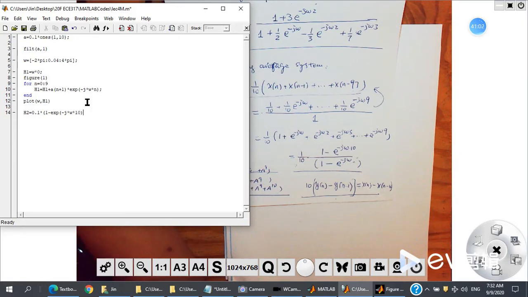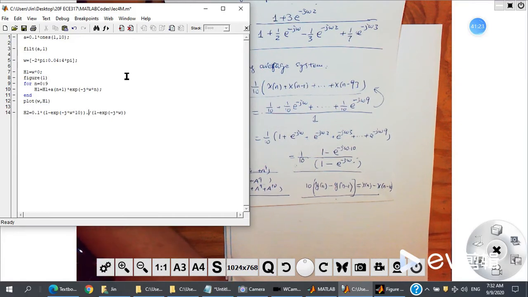This is the numerator, and the denominator is 1 minus e to the negative j times omega.